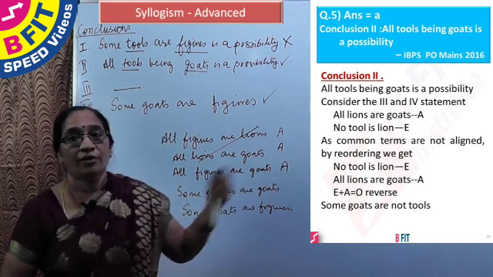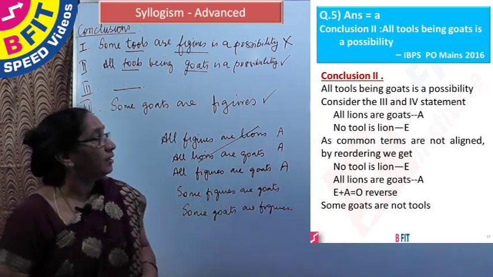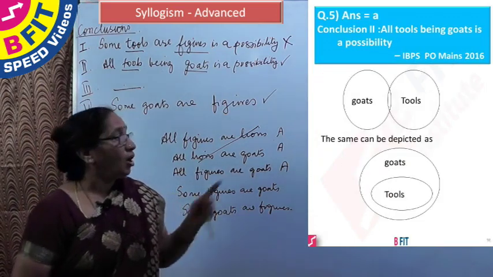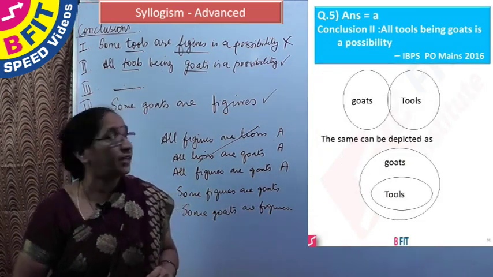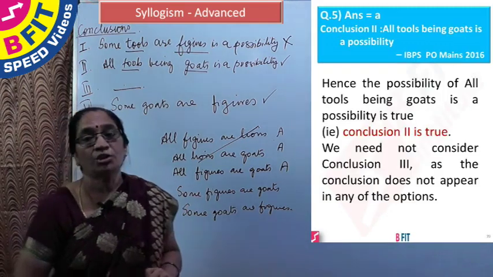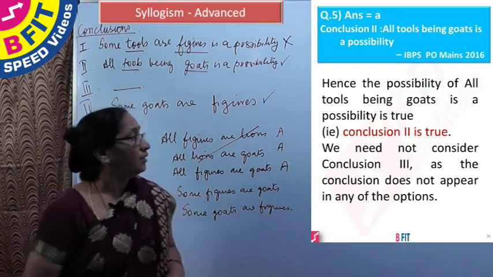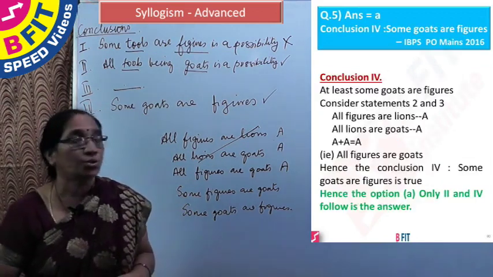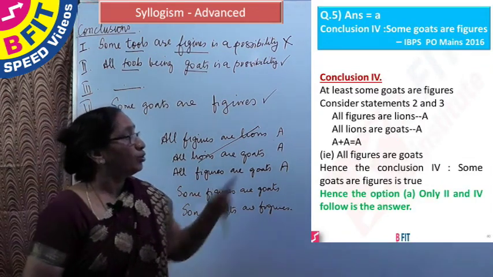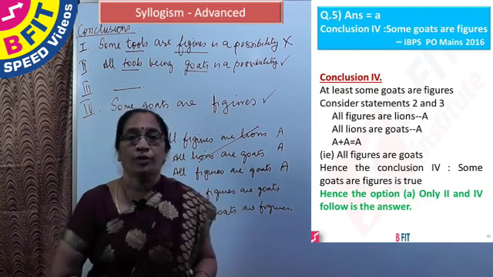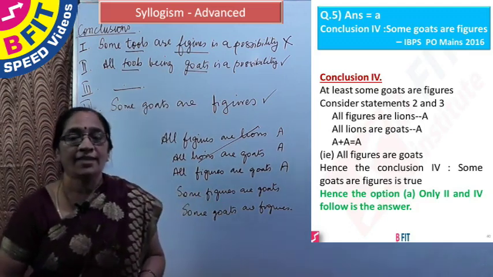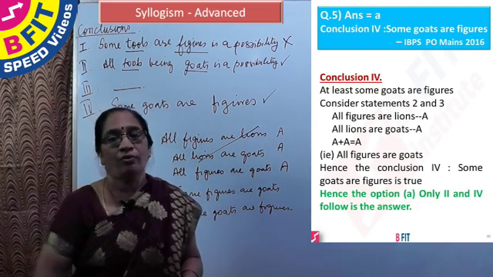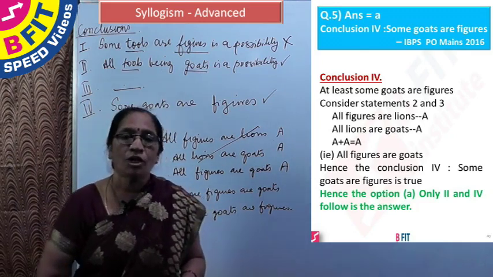We have the working for the second conclusion, where it is proved through the Venn diagram that all tools being goats is a possibility, and hence conclusion 2 is true. We will not be working with conclusion 3, and conclusion 4 is also proved to be true, and hence we have the answer option A, only conclusion 2 and 4 follow. Now let us move on to the next question.